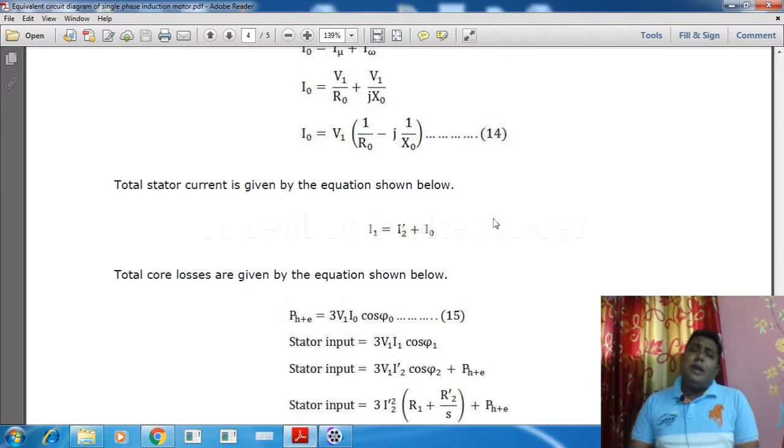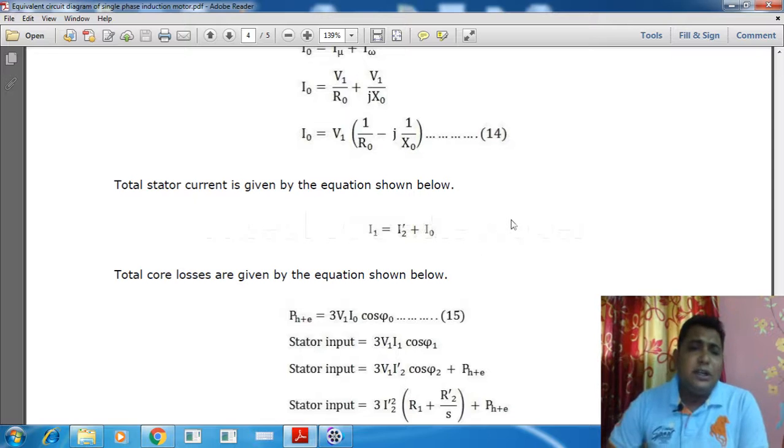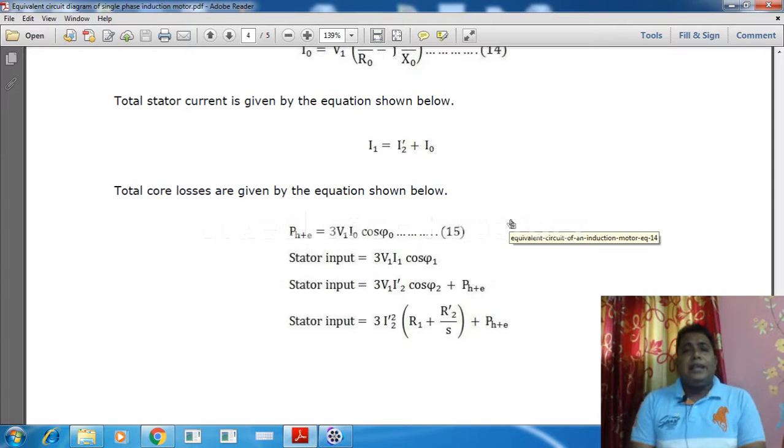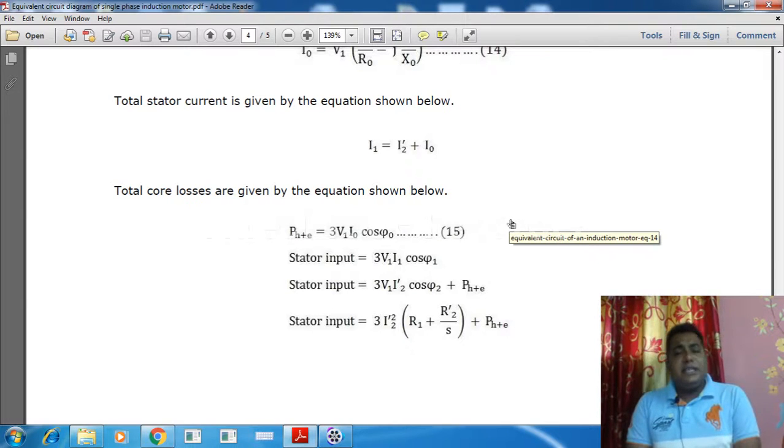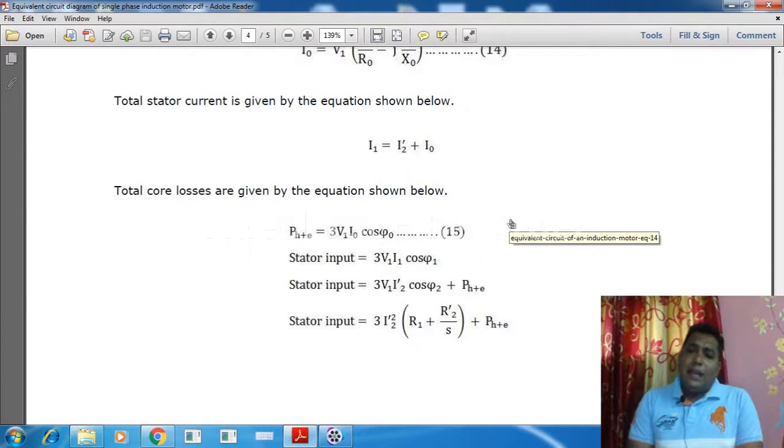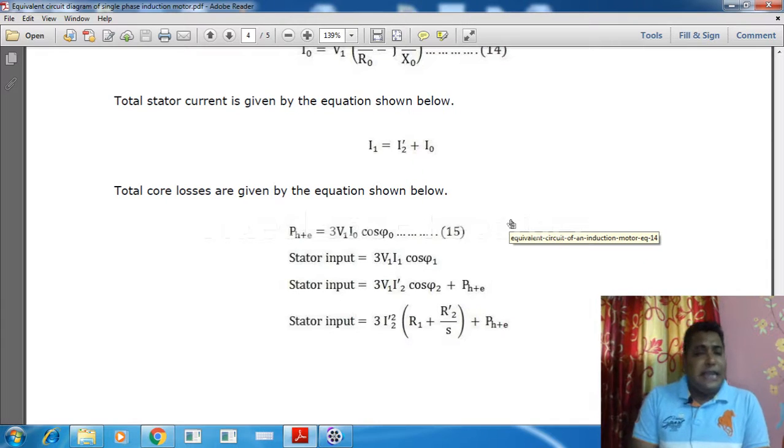Now we want to find the total core loss, given by the equation shown below. The total core loss is given by 3V1 I0 cos phi 0. The stator input is given by 3V1 I1 cos phi 1, where V1 is the supply voltage, I1 is the stator current flowing through the stator, and cos phi 1 is the power factor.